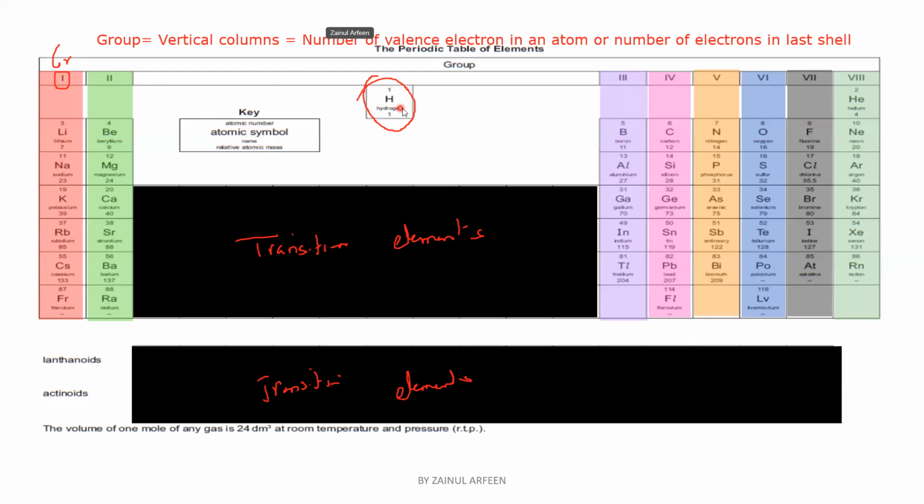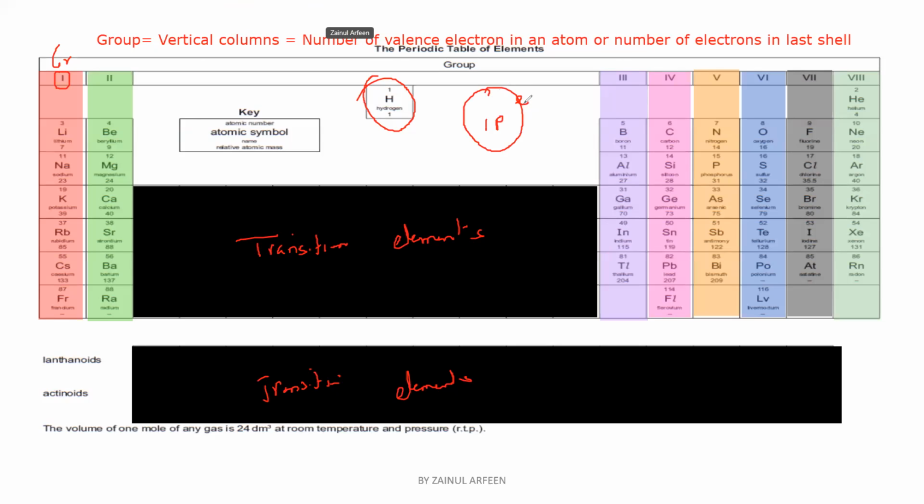But what about hydrogen? Why did they not place hydrogen in any group? Because, as we know, the group represents the number of valence shell electrons. When we draw the structure of hydrogen, it has one proton and one electron.